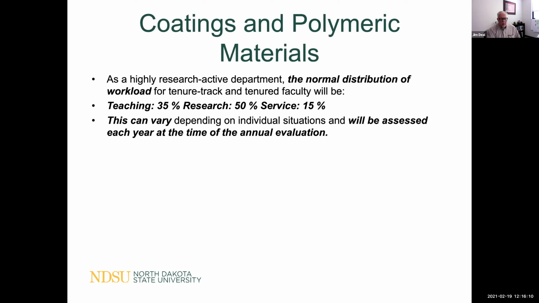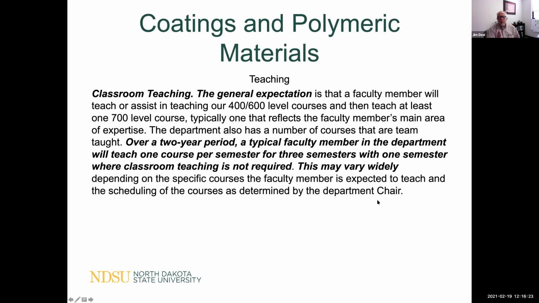So that gives you a good way to stay current and to make sure that you've got a good match between what an individual is doing and what's expected of them. Okay, so teaching for coatings and polymeric materials.